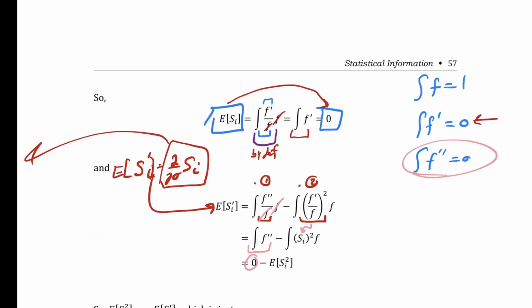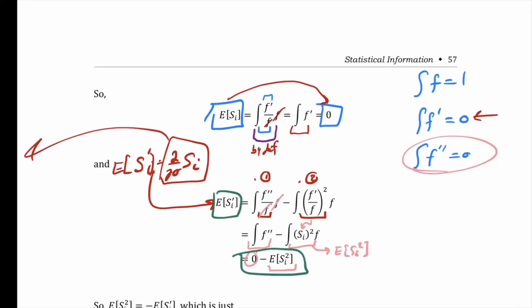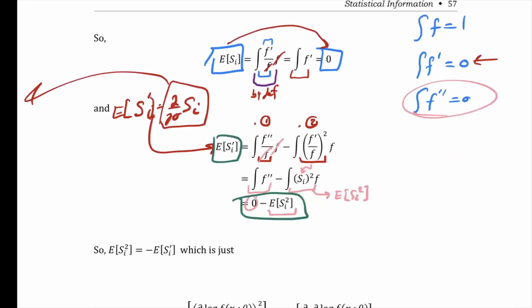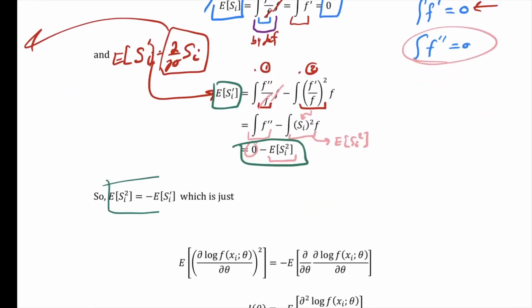So I'm going to leave that alone. But this is an integral, and this is, in fact, the expected value of the score function squared. And that's this thing. Well, now it's all done. It's actually pretty simple. I have this equals this. Which is literally this result.